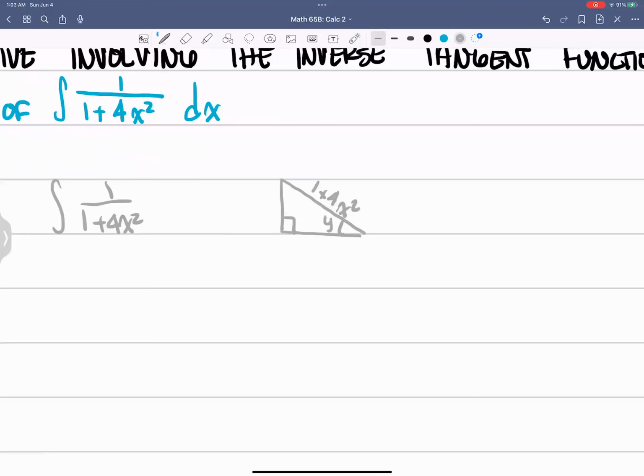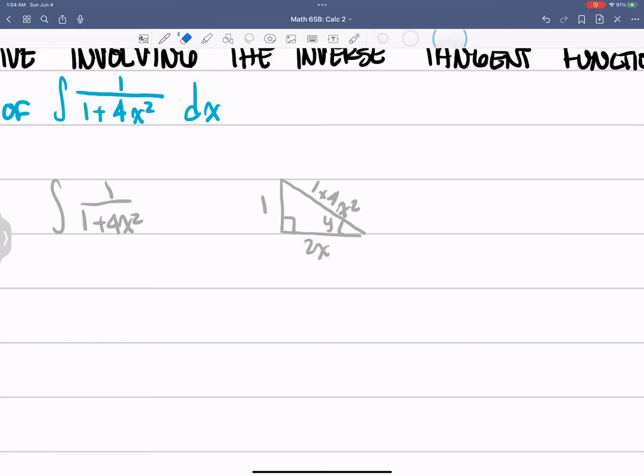So let's see, we could have either or. So this could be 1, this could be our 2x. So 2x or 1. So opposite over adjacent.